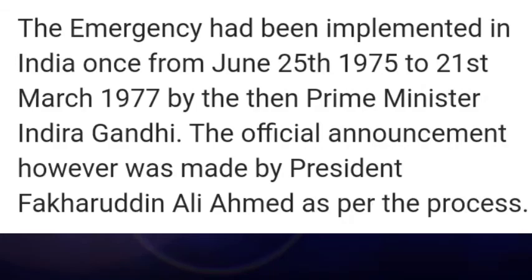The emergency was implemented in India once, from June 25th, 1975 to March 21st, 1977. At that time, the Prime Minister was Indira Gandhi, and the official announcement was made by President Fakhruddin Ali Ahmed.